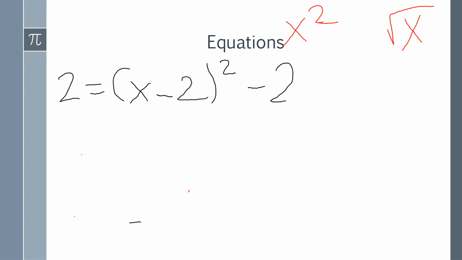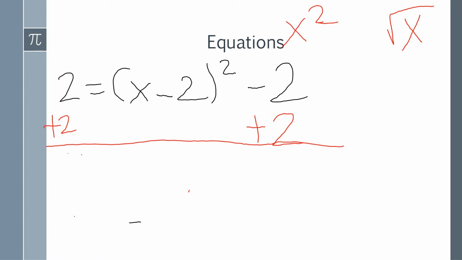To solve this equation, of course the main goal of any equation is to get x by itself. So add 2, because remember, you gotta get x by itself, so what you do to one side, you do to both.